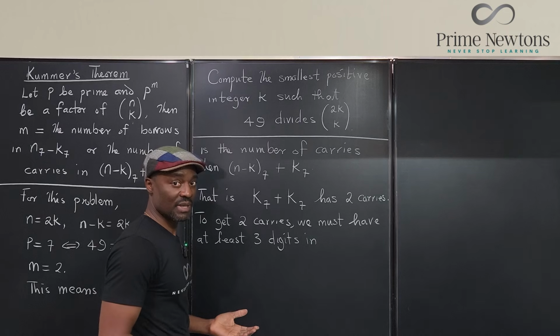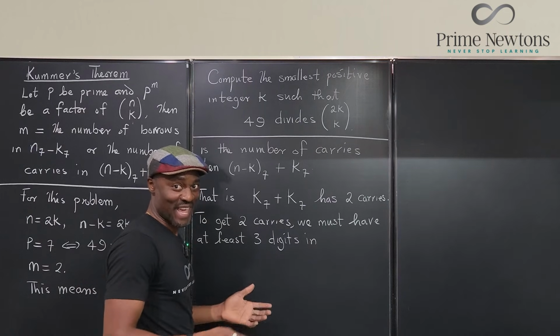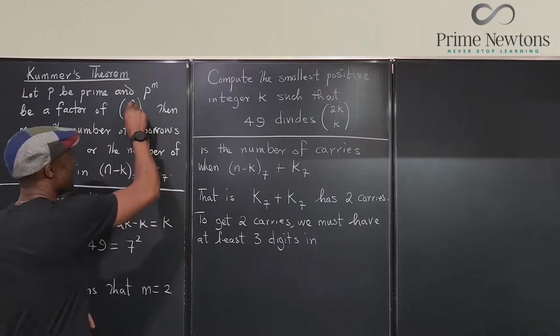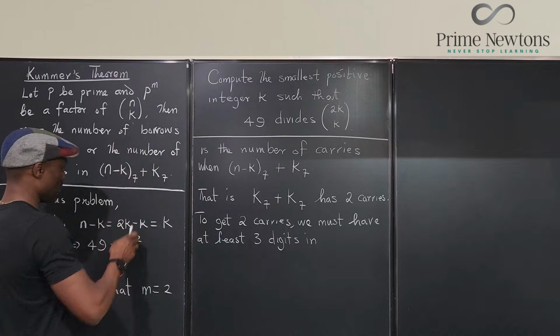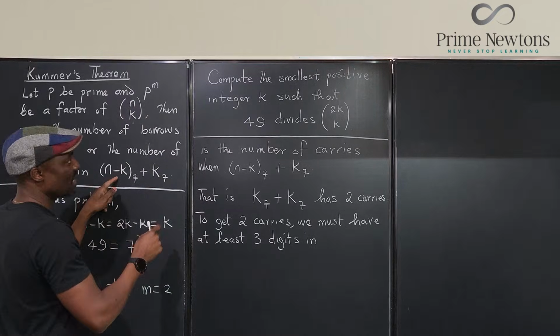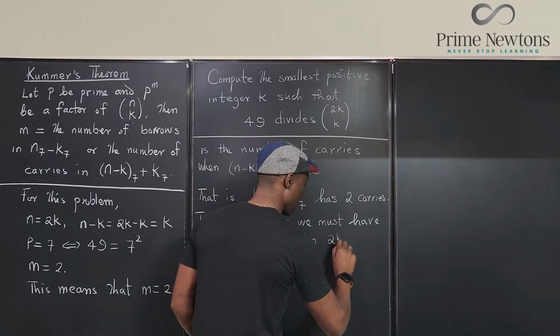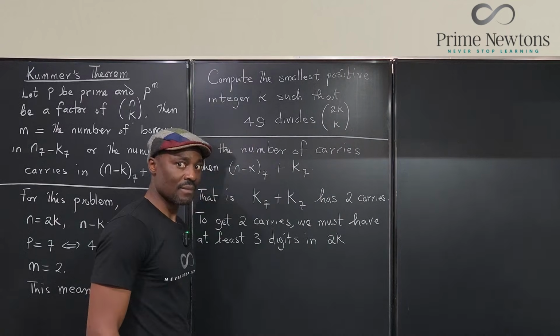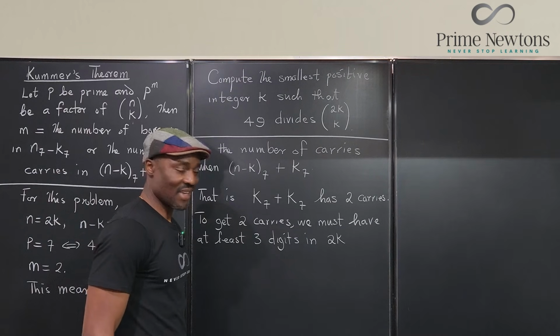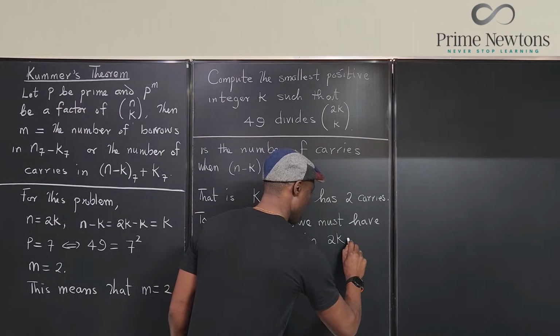Remember, k base 7 plus k base 7 is going to be 2k in base 7, because that's what this was. This was 2k, because 2k minus k is k. Okay, in 2k base 7.